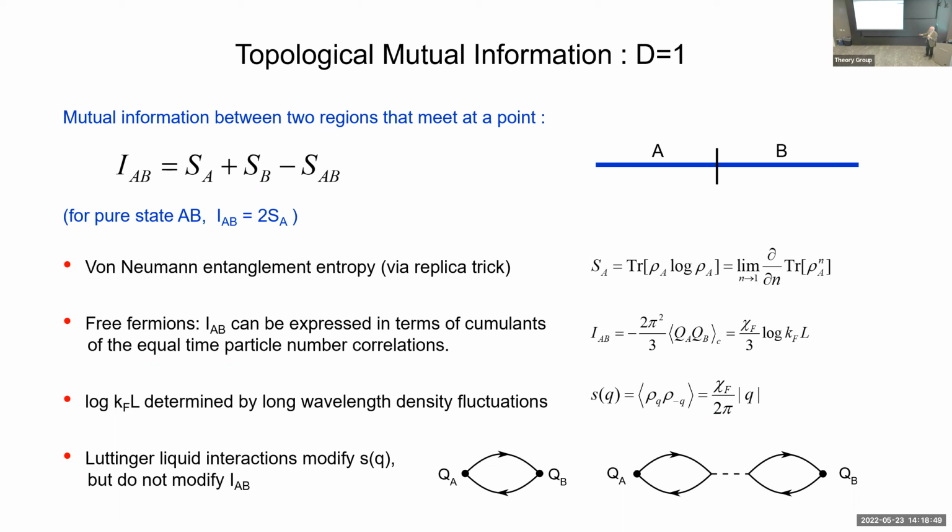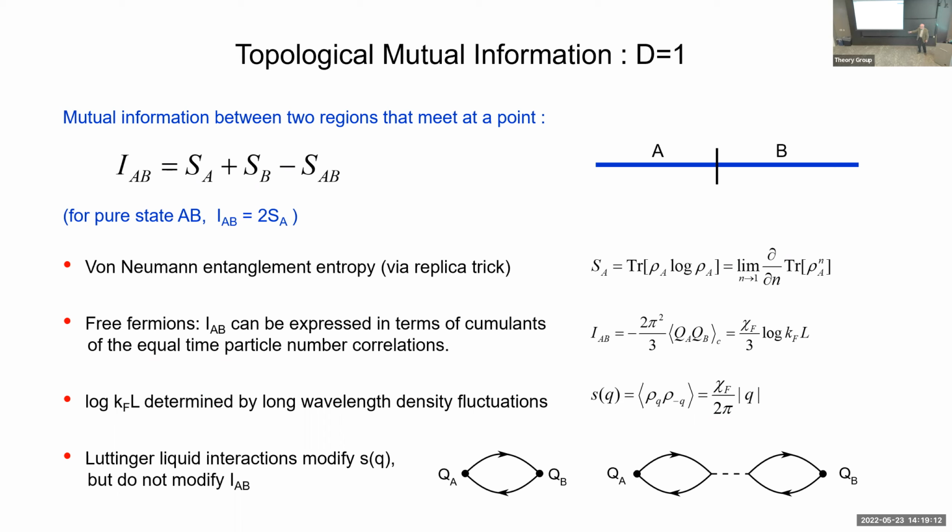Now, when you formulate it like this in terms of density correlations, then there's a question you can ask, which is whether the electron-electron interactions are going to change the result. Okay, and your first worry might be that the electron-electron interactions will affect this density-density correlation function.